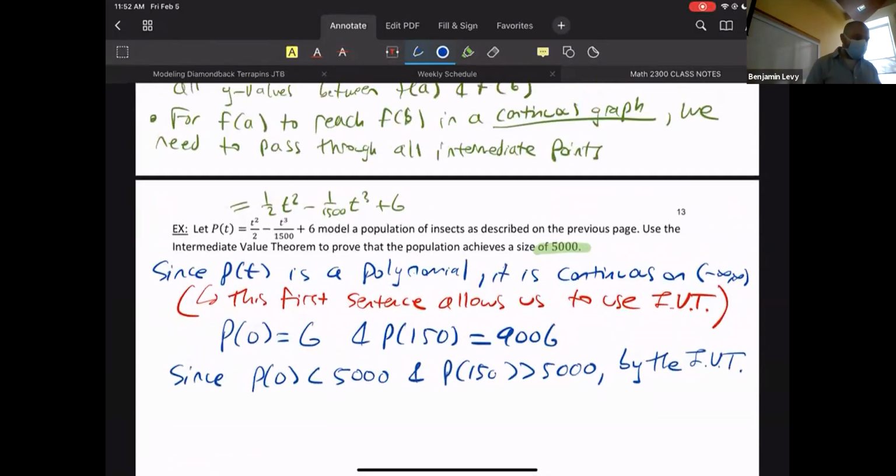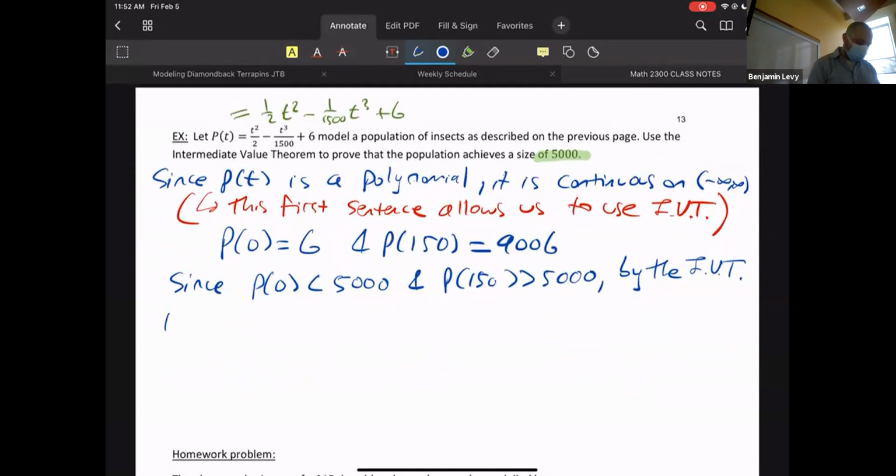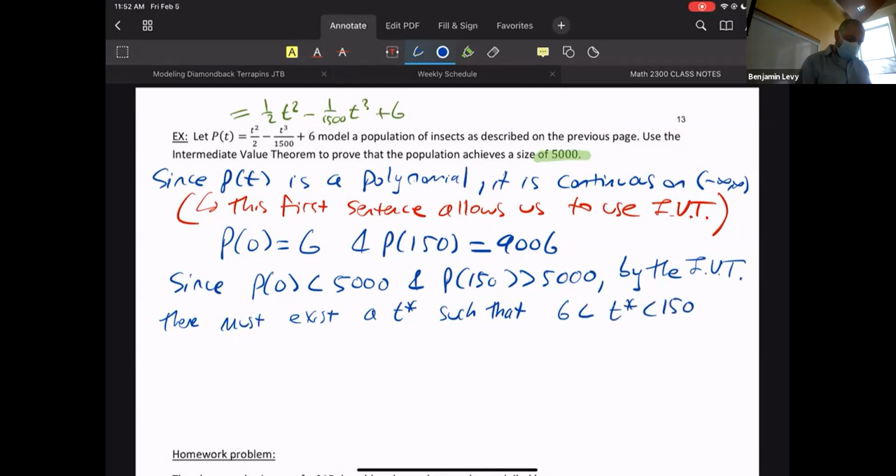By the intermediate value theorem, oops, sorry, there must exist a place between them, and I'll call it T star, such that T star is between 0 and 150. And when you plug it into the function, you get 5,000.